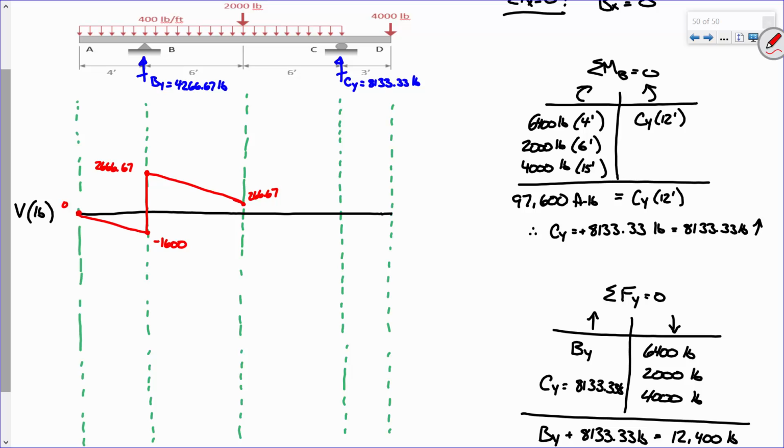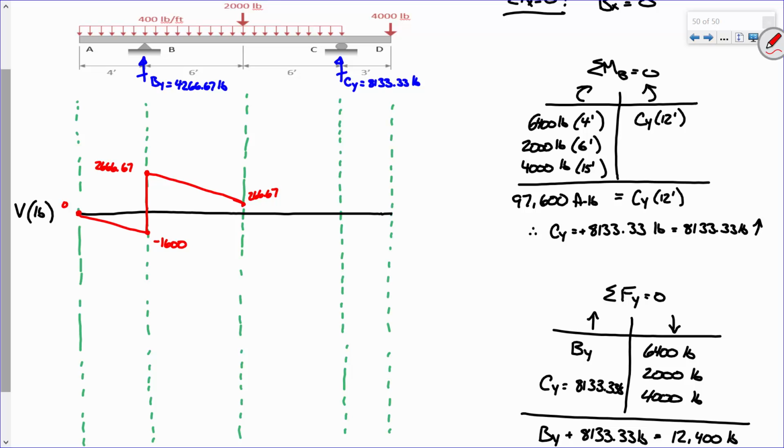Beam goes, whoa, you need to drop down right now. Okay, so I'm at 266.67. It tells me to go down 2,000. So if I'm at 266.67 and I go down 2,000, what's that put me at? 0.33, yep.